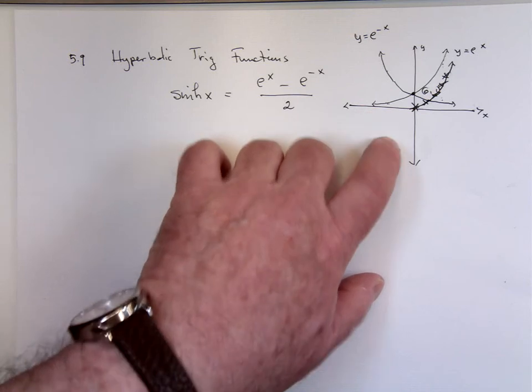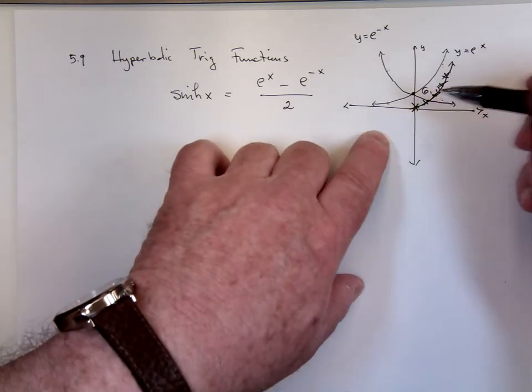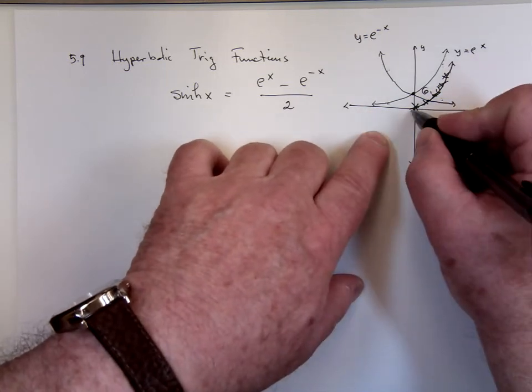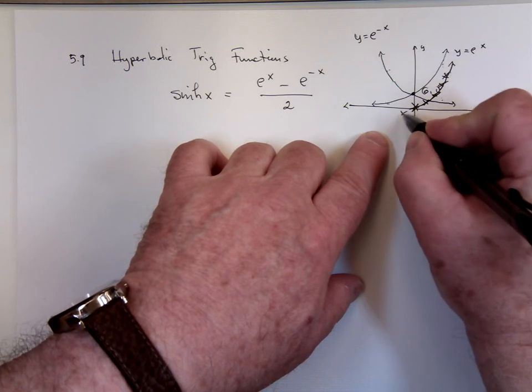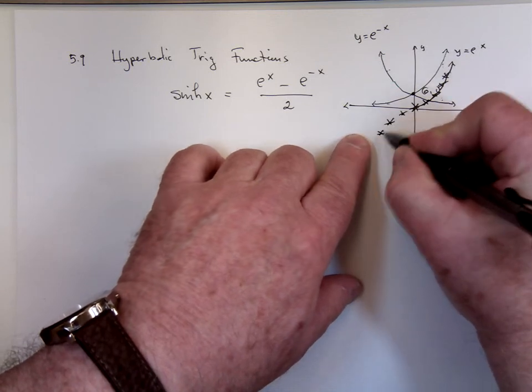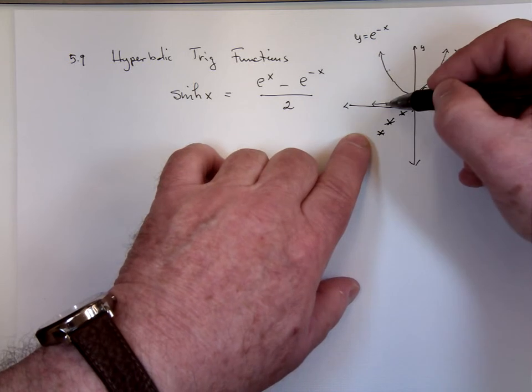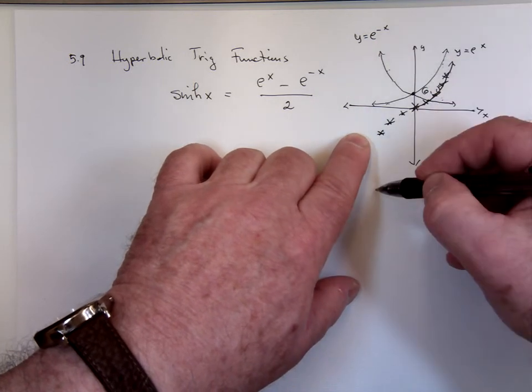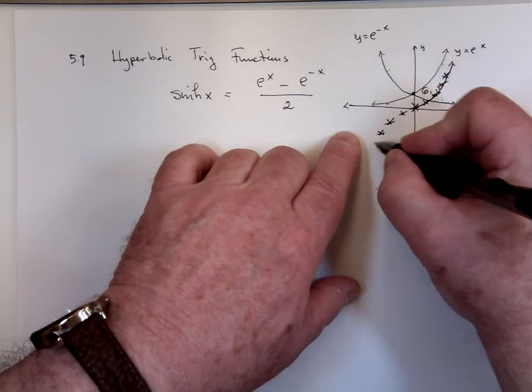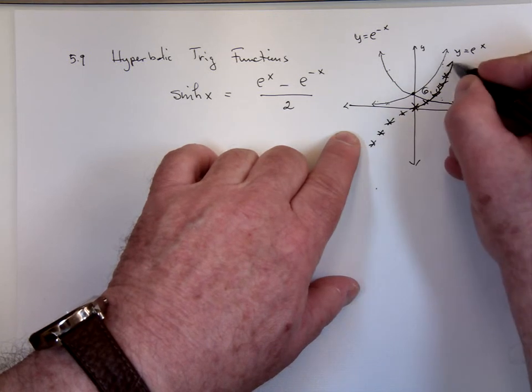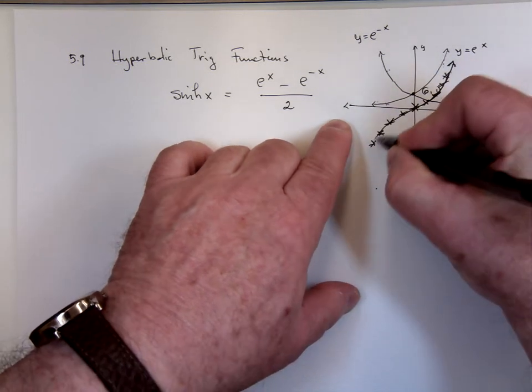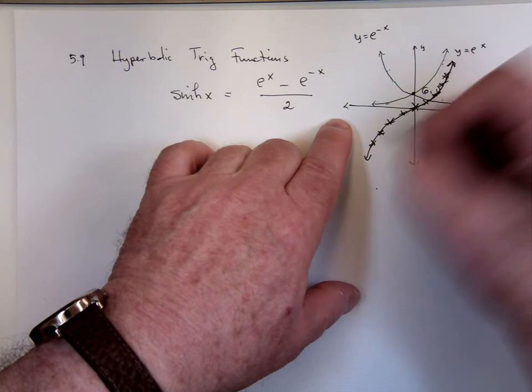So what happens is it looks like this. If you take this minus this, you're going to get negative, and it's going to be half of that. So it looks like this. This is what it looks like. We don't care, really. That's what it looks like.